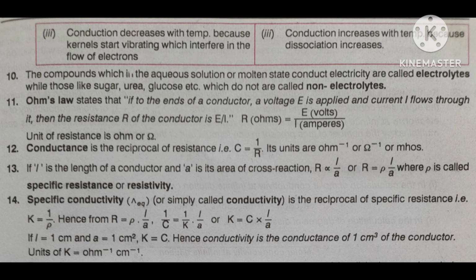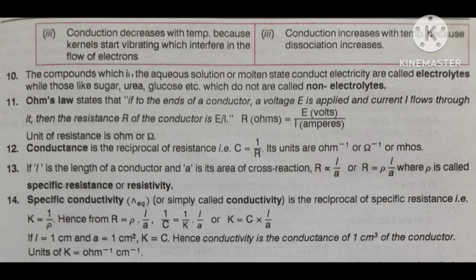If R is the resistance, E is volt, you can say potential difference, and I is ampere, then R is equal to E upon I, and its unit is ohm. Now the next term is conductance.